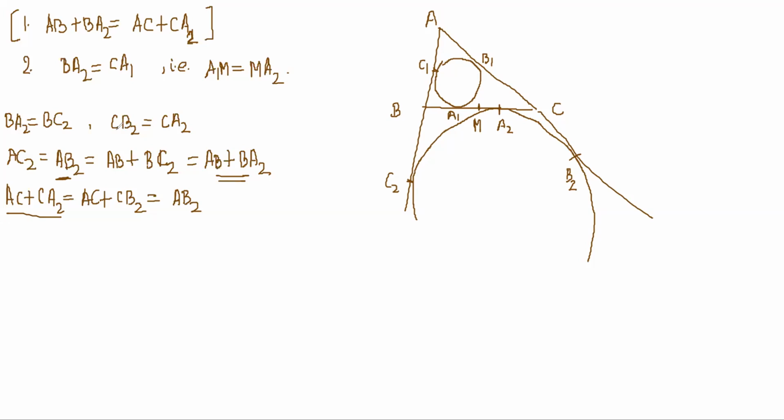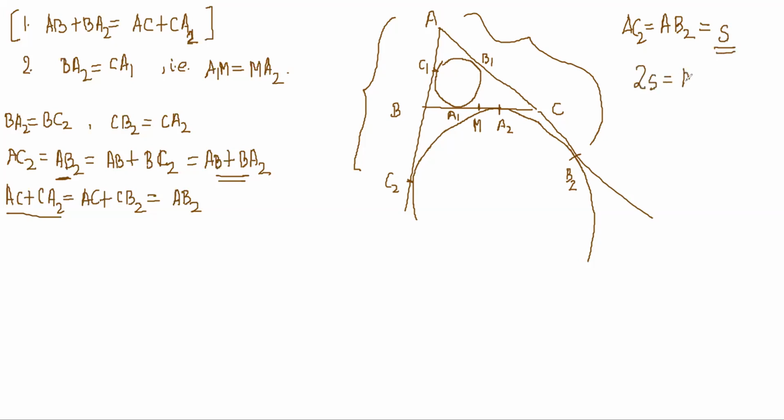So basically ultimately what you can also prove is that AC2 is equal to AB2. This whole thing is equal to S, the semi-perimeter, because 2S is equal to AC2 plus AB2.